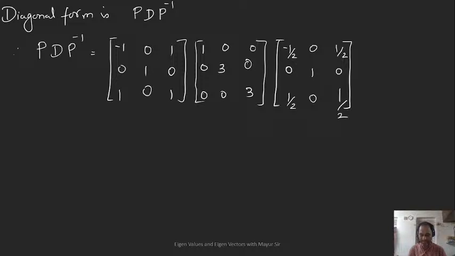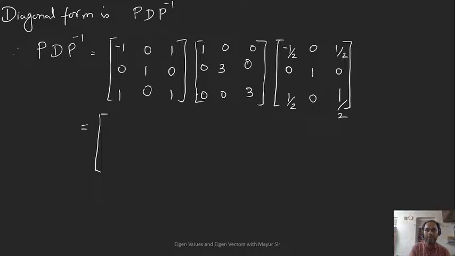Okay, so here the answer is... I cross-checked. Okay, fine. Can you multiply and get the answer A back? Do you get that answer? So we will need to do the multiplication now.